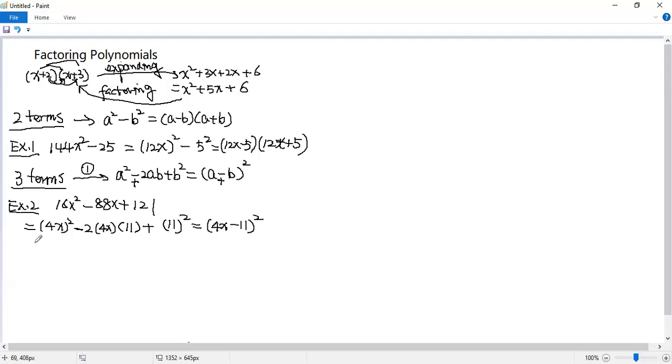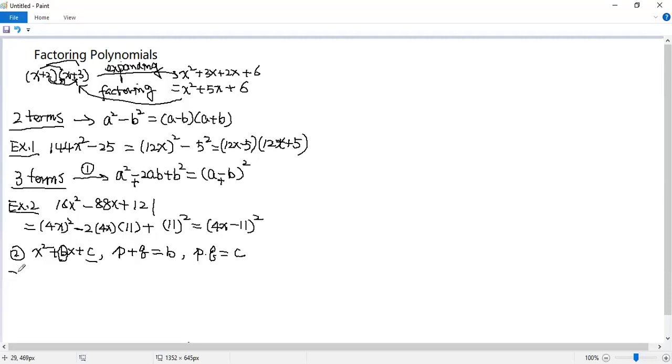If the polynomial is not a perfect square, but it has 1 as the leading coefficient, say the general form is x squared plus bx plus c, in this case, we try to find two integers, p and q, such that p plus q equals the middle number b, and p times q equals the constant c.